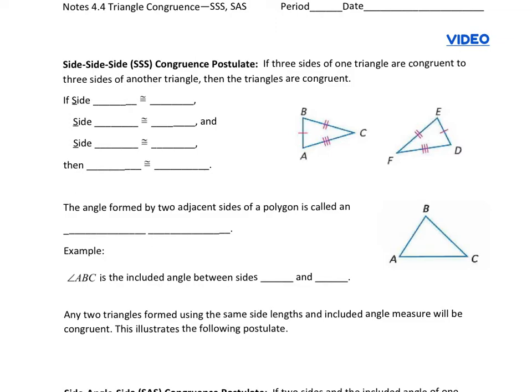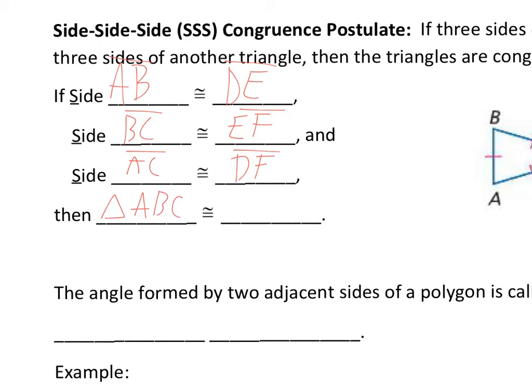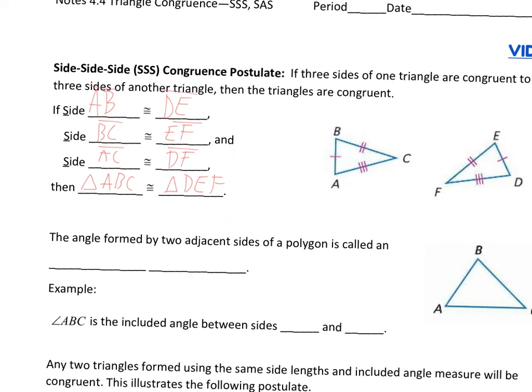So for instance, if side AB is congruent to side DE, side BC is congruent to side EF, and side AC is congruent to side DF, then triangle ABC must be congruent to triangle DEF, as noted to the right.